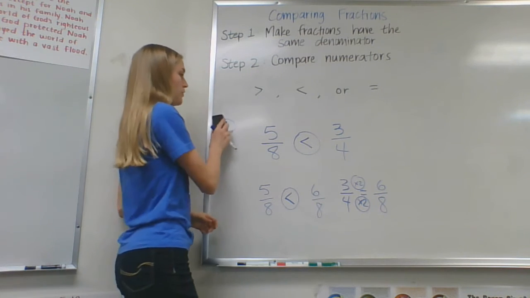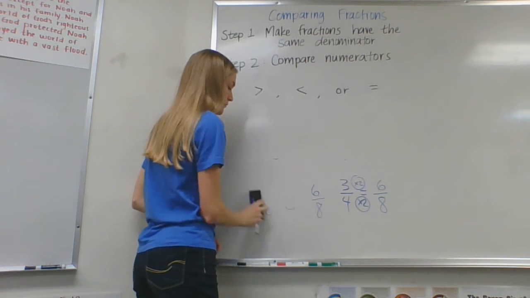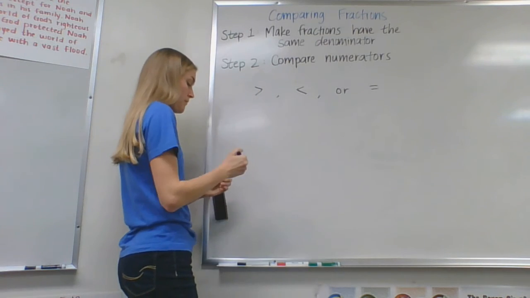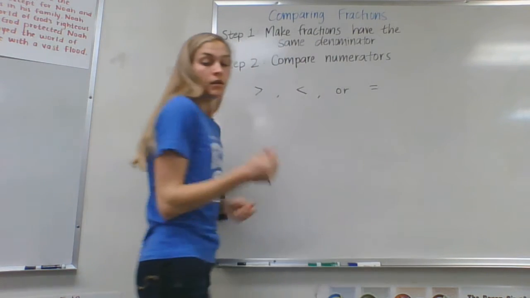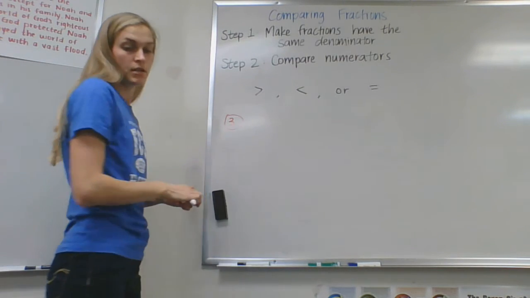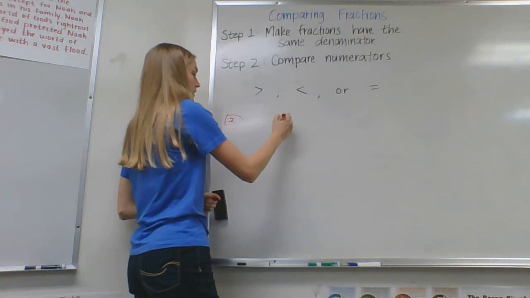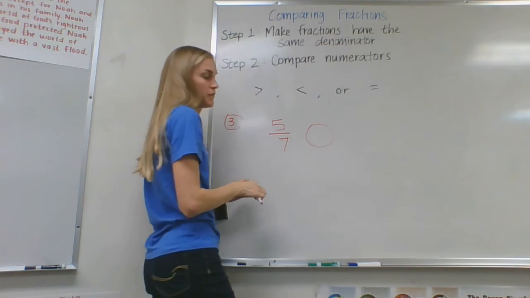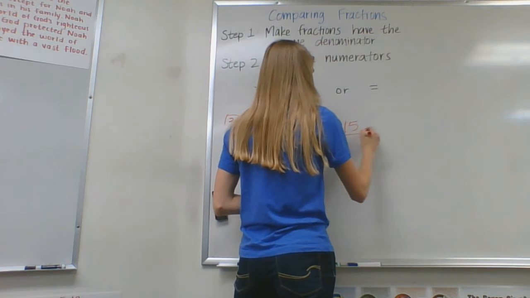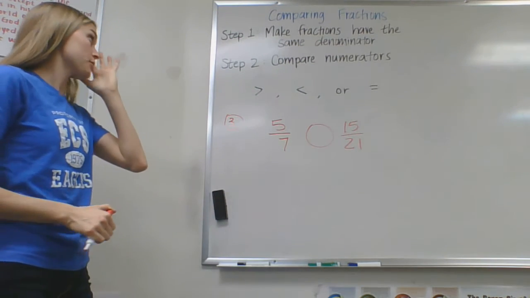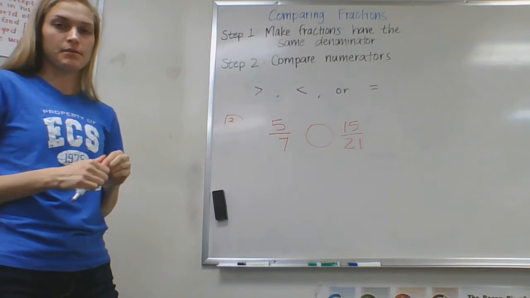All right, we're going to do another example. Example 3 is 5/7 compared to 15/21. First step, make fractions have the same denominator.